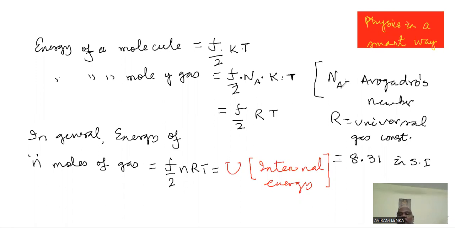We had in our last discussion the energy of a gas molecule at an absolute temperature T. So we know our deduction was f by 2 into kT.